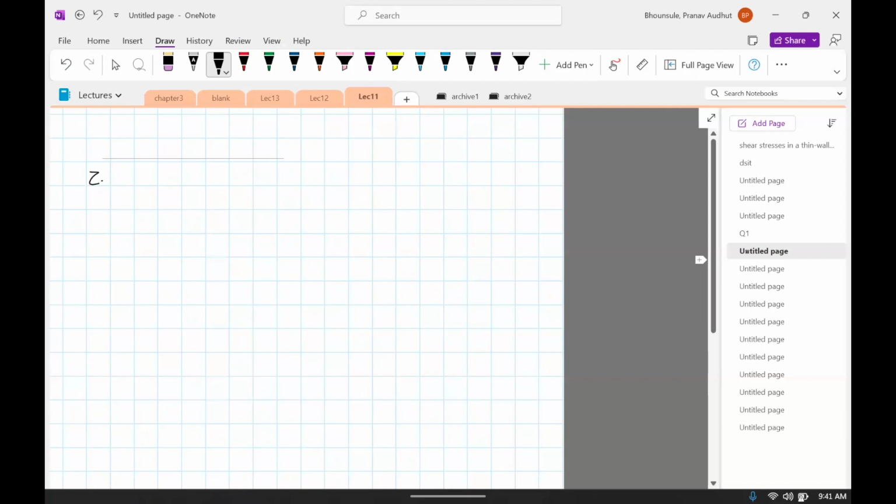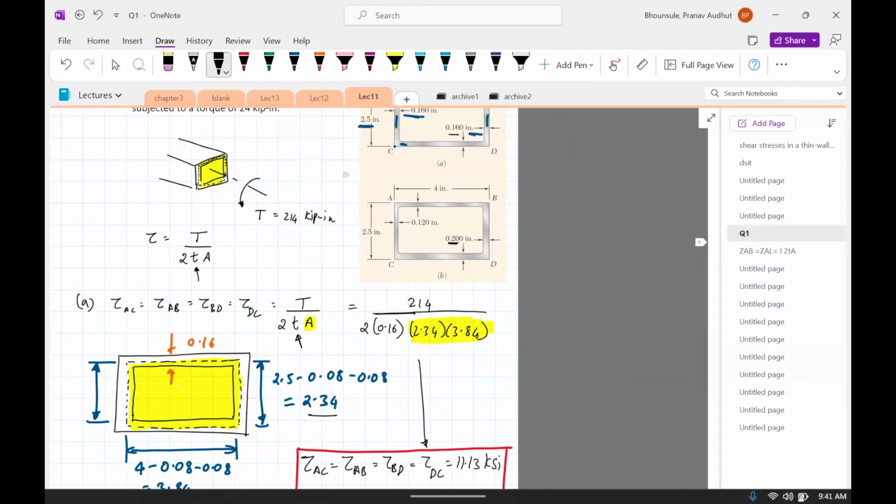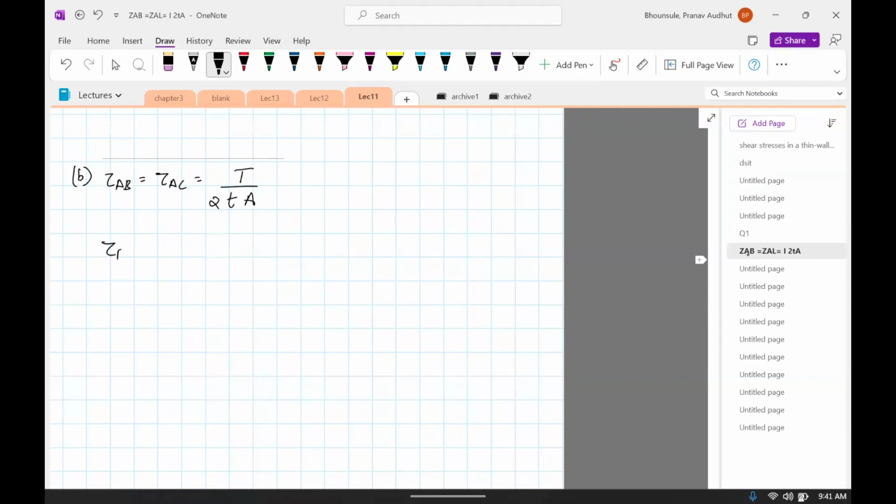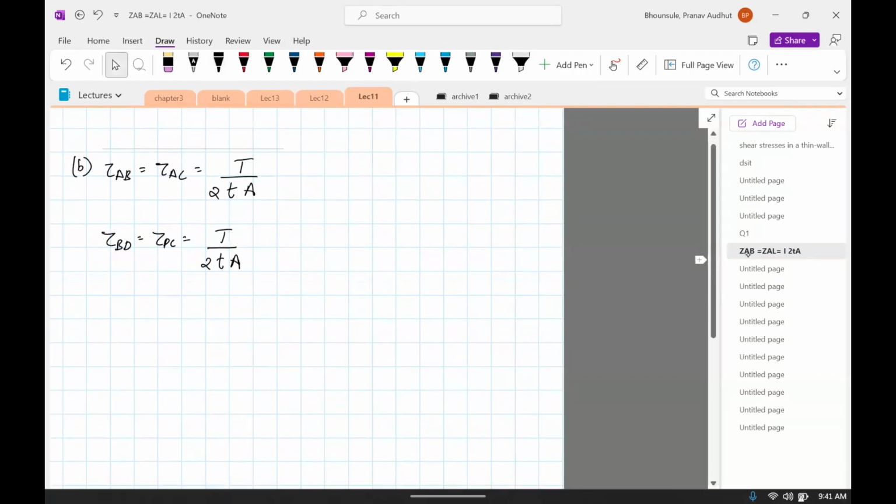So part B, 2 times 2TA, and then we'll expect that BD and DC would have the same thickness, so they'll have the same stress, BD, DC. The cross-sectional area is going to be the same.